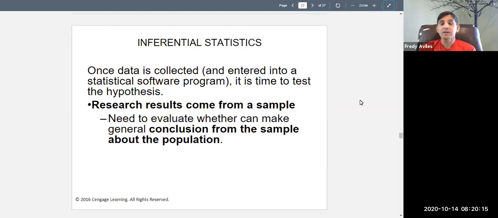You need to determine whether what you found from the sample says something about the population, or whether your finding is just error, basically, sampling error. That's what you're trying to determine. In other words, is what you found real or not real? If it's real, that means it really refers to what's happening in the population. If it's not real, it's just due to sampling error.